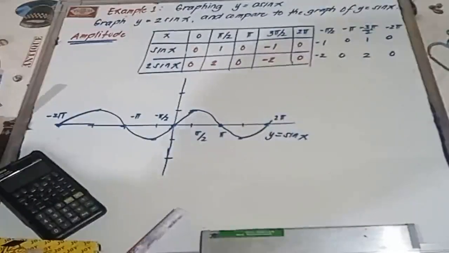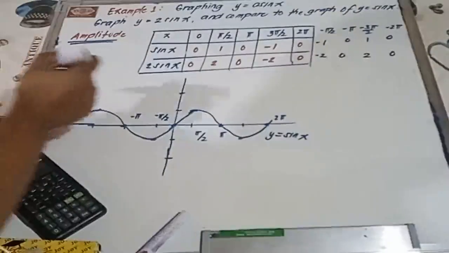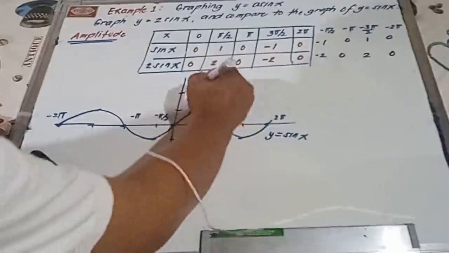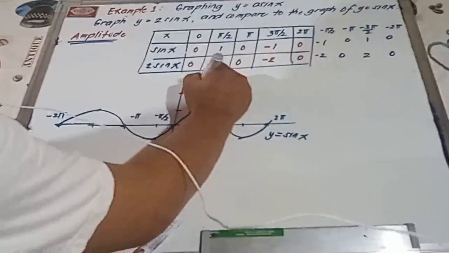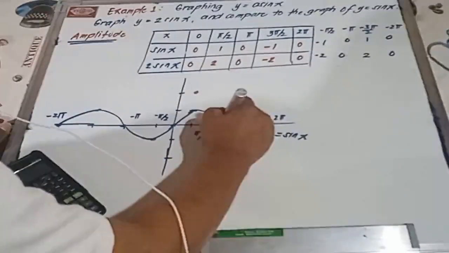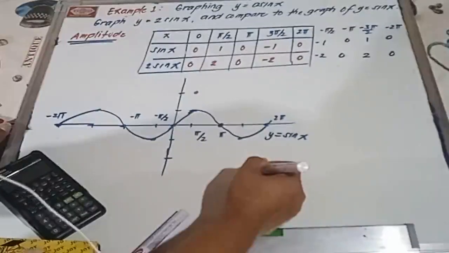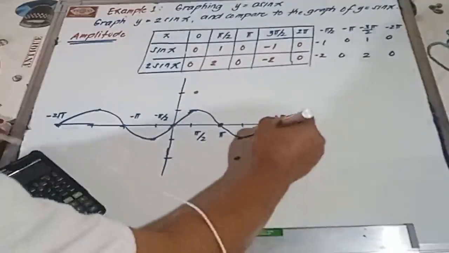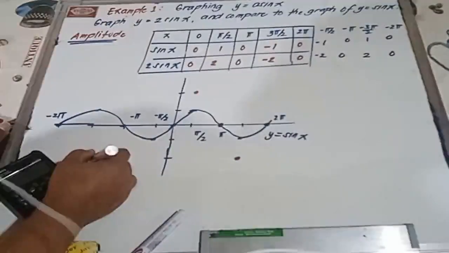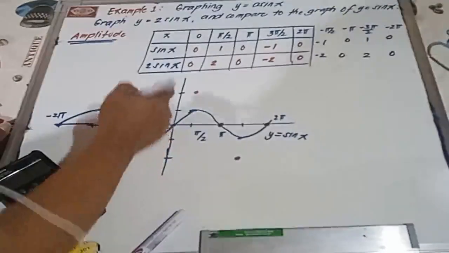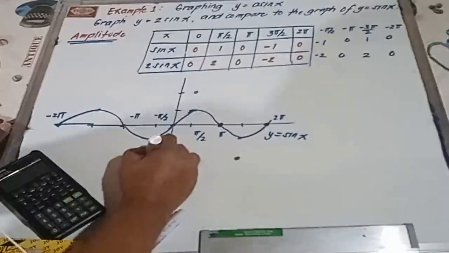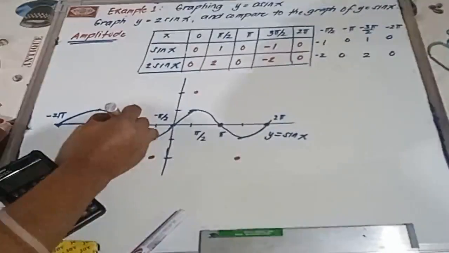Now for 2 sine x, we have 0, 0 also. At pi over 2, 2. There, it went higher. Then 0, 0 again. Then at 3 pi over 2, negative 2 here. We have 0 again. Pi over 2 is here. We have negative 2 here. 0.